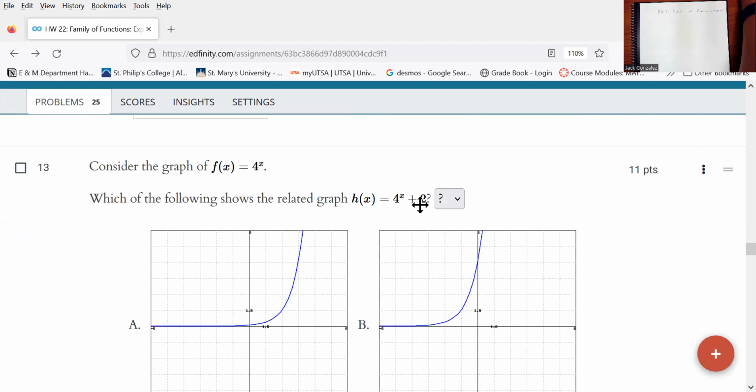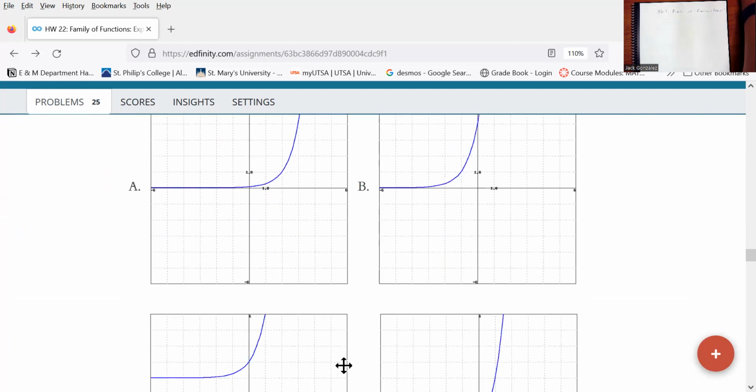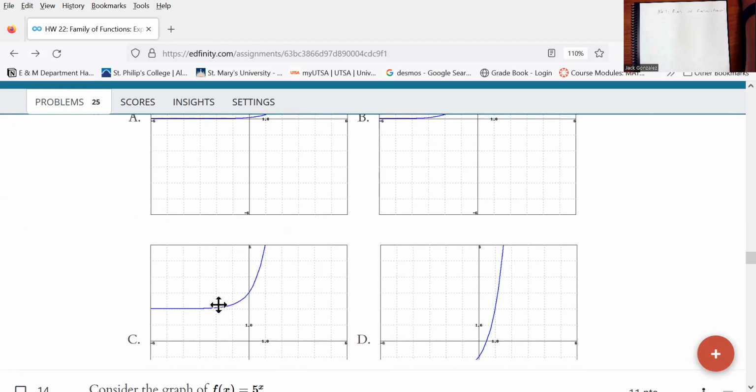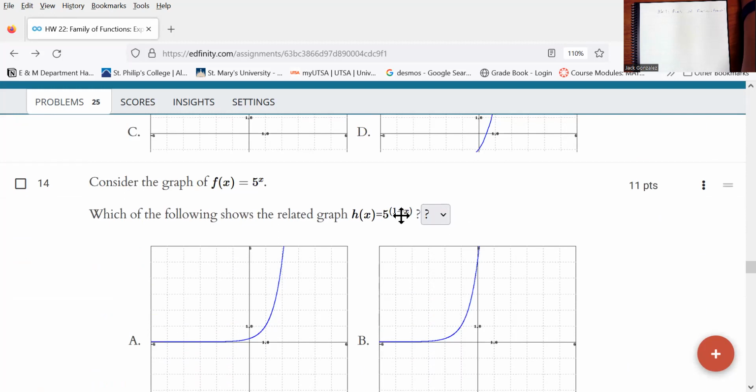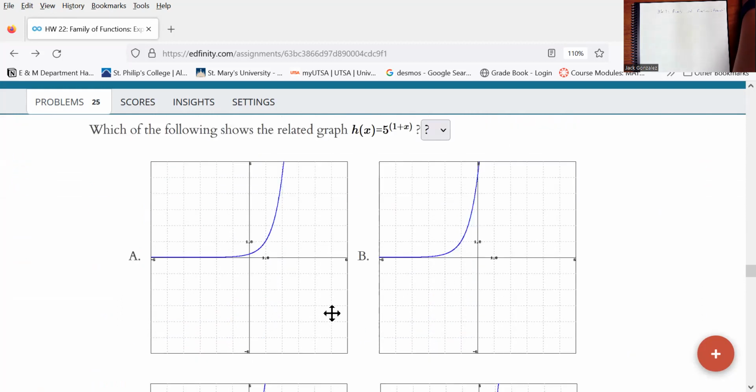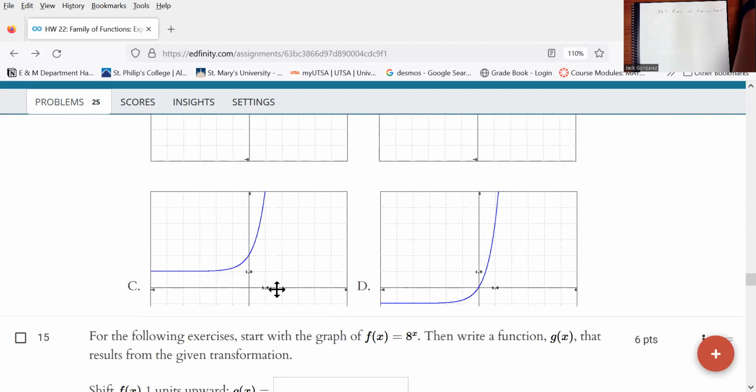Here's what I was saying by vertical shift, it's outside. It's going to be the one that moves up too. And so this guy. If it is in the power, see how it's +1? That means it's going to be a horizontal shift, but it's always opposite if it's in the parentheses. So it would shift this way.